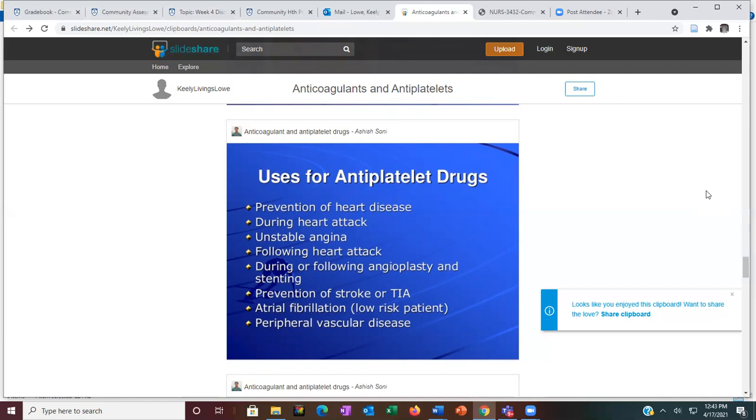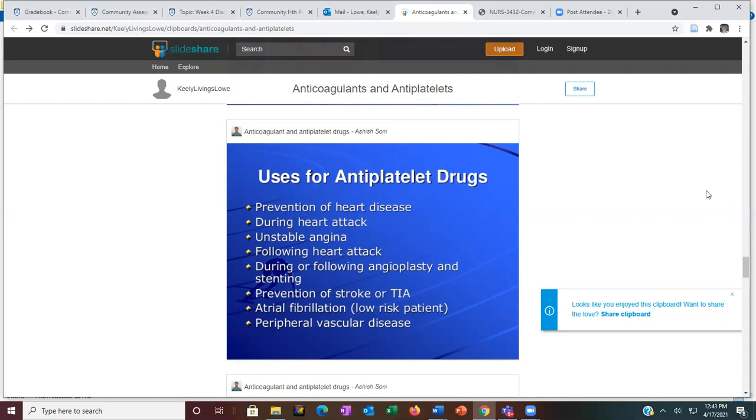Okay, it's easier to manipulate platelets than it is to interfere with that clotting cascade of anticoagulants, and it's also more easy to reverse that. So antiplatelets, prevention of heart disease.